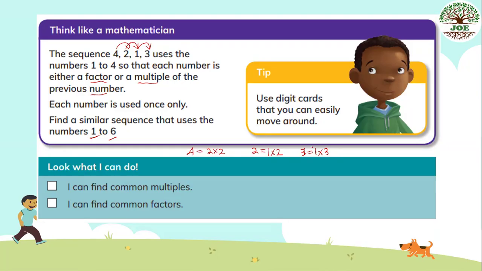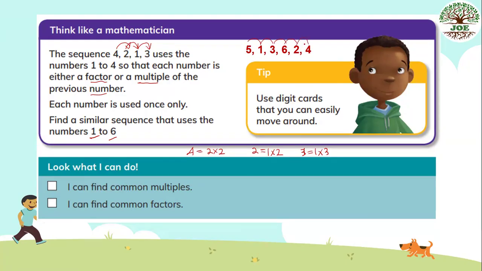Okay, one possible way to use the numbers 1 to 6 is to start from 5: 5, 1, 3, 6, 2, 4. So 5 becomes 1, and 1 is a factor of 5. 1 becomes 3. 3 is a multiple of 1. 3 becomes 6. 6 is a multiple of 3, since 3 times 2 is 6. 6 becomes 2. 2 is a factor of 6, since 2 times 3 is 6.